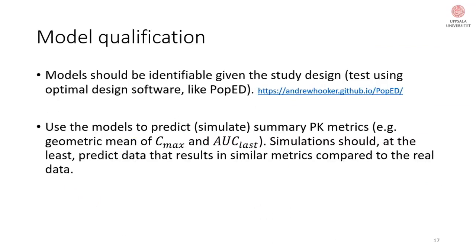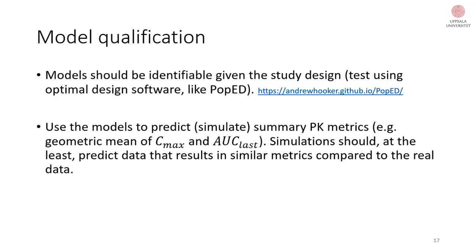So you should have a model where every parameter has enough certainty that you can identify it. This could be tested, for example, using an optimal design software like PopEd, where you compute the expected uncertainty of parameters given study designs.